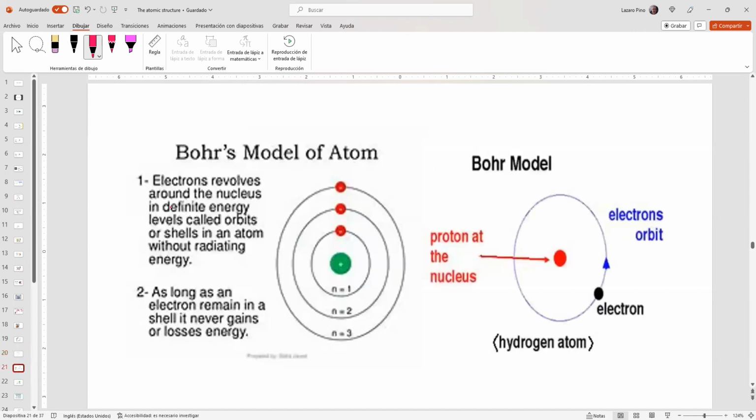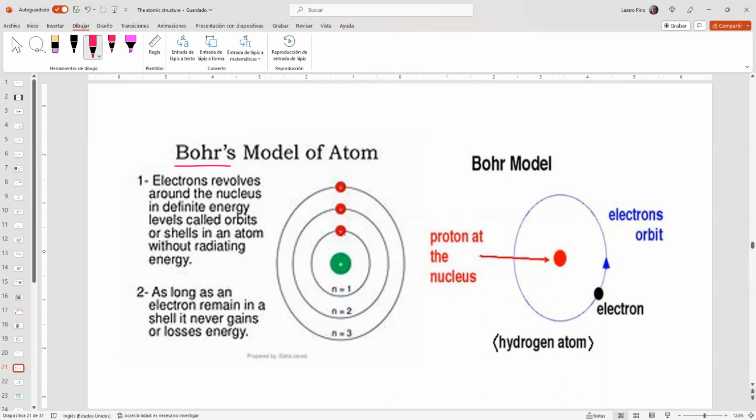And it was not until Bohr that he said that the atom has the electrons in a specific orbit, and this energy was an exact quantity.